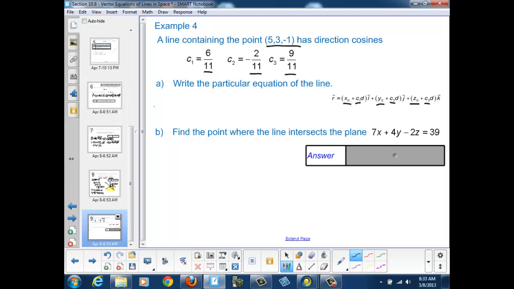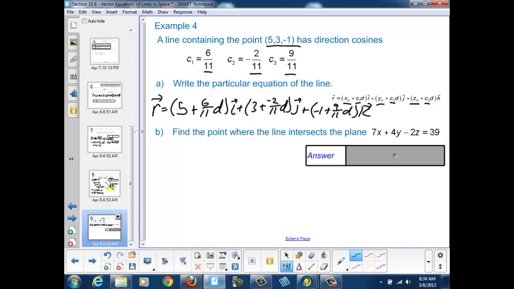So the equation for the line is my x coordinate, 5, plus my c1 times d, 6/11 d, i, plus my y coordinate, 3, plus my c2 times d, j, and my z coordinate, -1, plus my c3, 9/11 d, k. So there's my equation for the line.